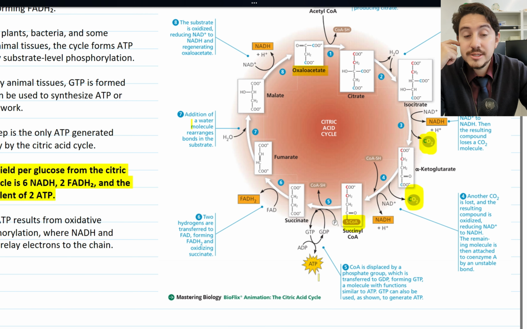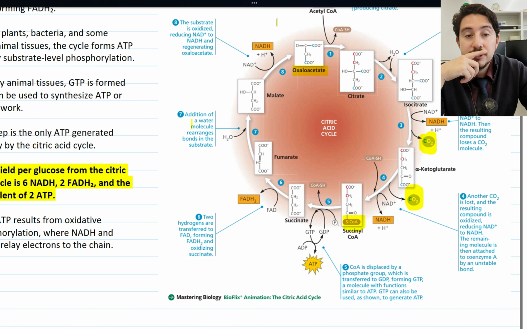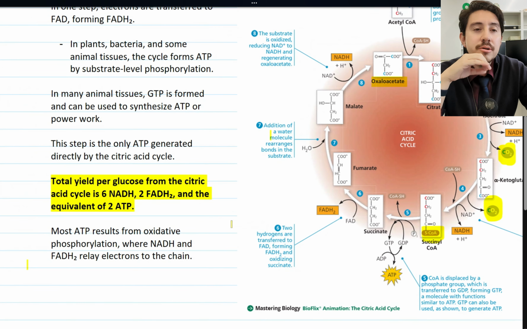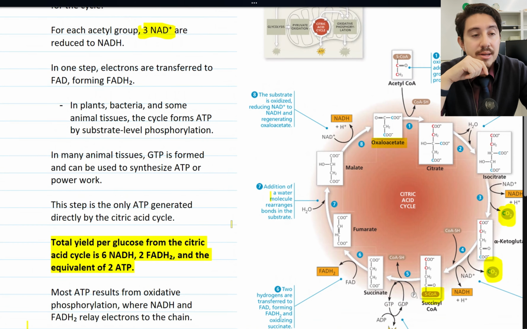You're also producing ATP and FADH2. Now remember, because it's occurring twice, you multiply by 2 because you have 2 acetyl-CoAs. So you have 6 NADHs being produced, 2 FADH2, and 2 ATPs. Make sure you know the numbers. It's very important.